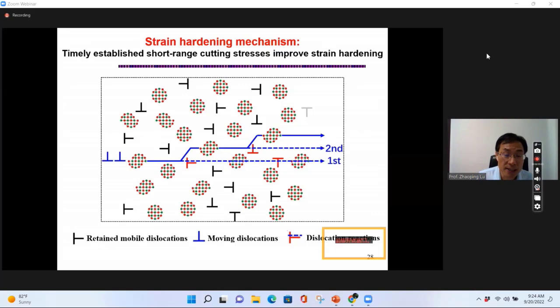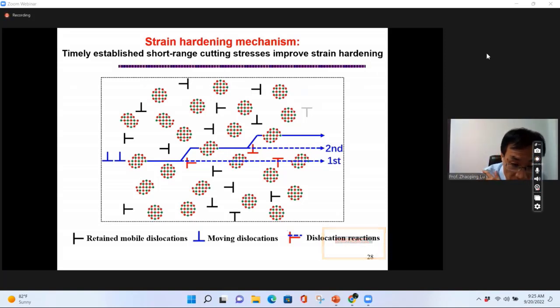So here we summarize the strain mechanism for our material. You see, when the first dislocation line cuts through along the specific crystallographic plane, it then encounters the existing transformation dislocation line located there and forms the elastic strain field, as indicated by the red symbol.